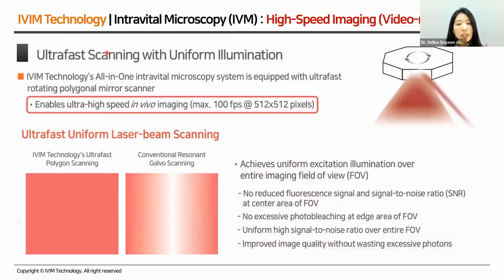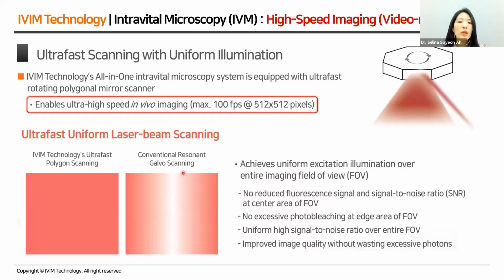So our first key feature is the ultra-fast imaging speed. All of our all-in-one intravital microscopy systems are fully equipped with an ultra-fast laser scanner, which is a polygon scanning system. It enables ultra-fast imaging speed in vivo at the maximum speed of 100 frames per second with 512 by 512 pixels.